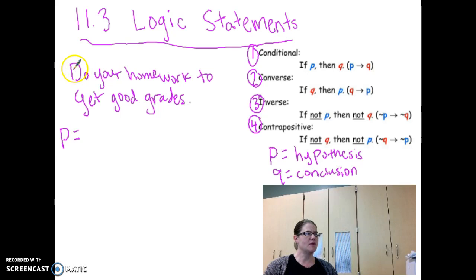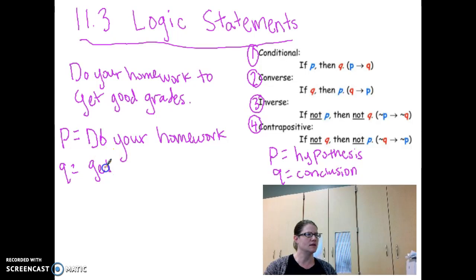Here we have our first part of our statement, do your homework. So that is going to be our P here, do your homework. Whereas Q, our conclusion, is going to be get good grades. So we're just really breaking this up into two parts. Do your homework, get good grades.